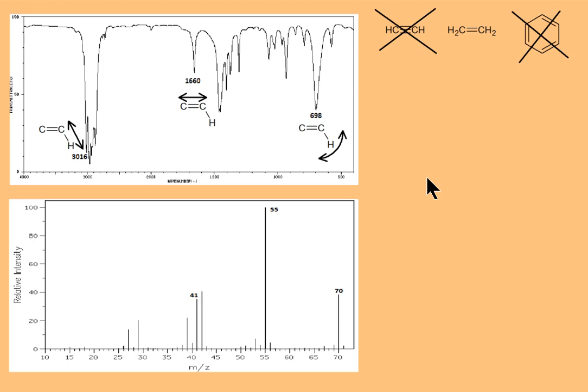We look at the mass spectroscopy. We've got the molecular ion peak at 70 units. We can divide that by 14, which is the mass for one CH2 unit. Normally it's a 1 to 2 ratio for carbon and hydrogen. And that comes out 5 times neatly to give us 70 units.